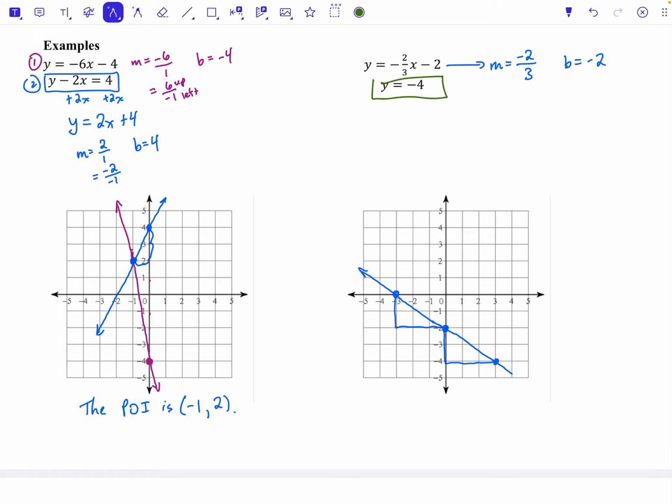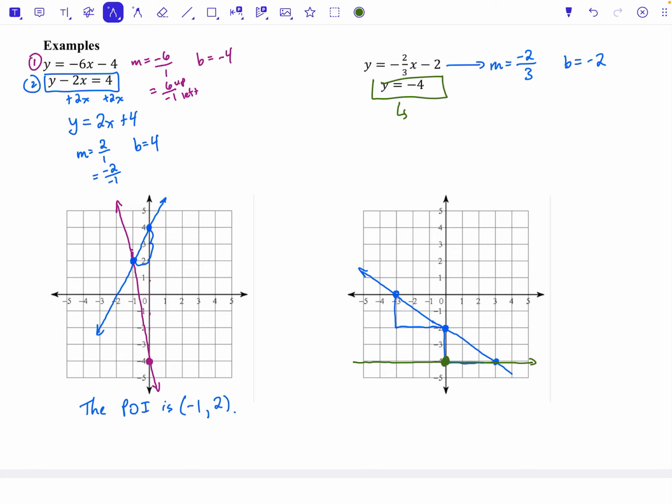y equals -4. Okay, this one's a little odd. Remember, we do that little rule where we say, okay, y equals -4. So obviously it's going to cross the y-axis at -4 because y is -4. And y equals -4 is simply a horizontal line that goes through at -4 because this is the place where y is always -4.